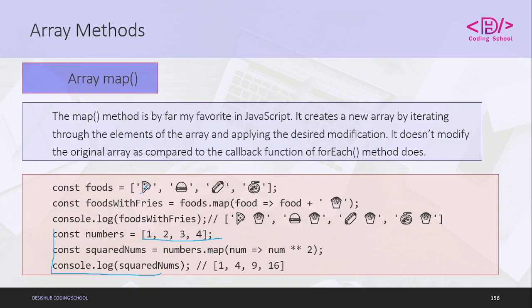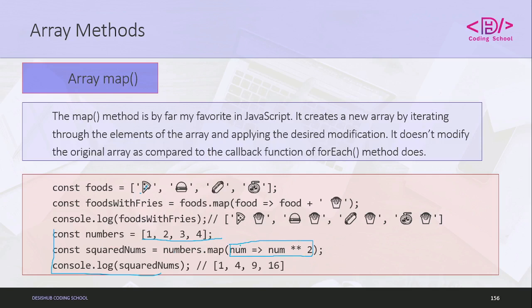So we will just say numbers, which is the array containing the numbers, dot map, and it takes in a function, a callback function. This one is the callback function.